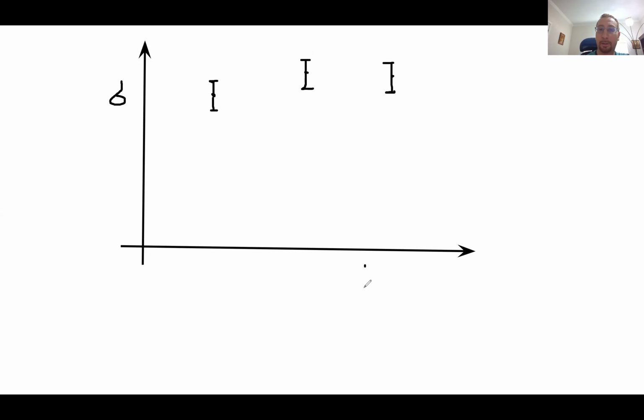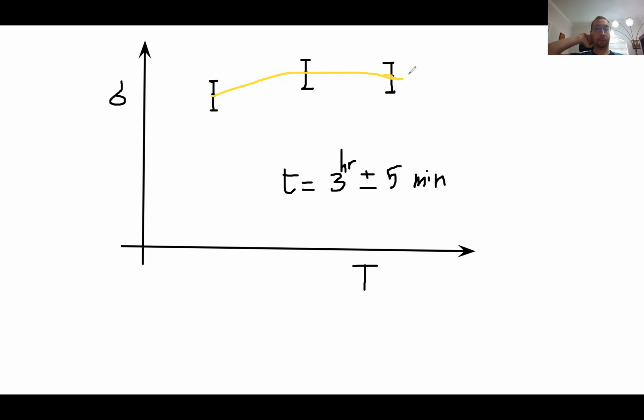This is sigma, this is temperature. In this plot we say time of curing is 3 hours plus minus 5 minutes, and we fit a curve to the average values.